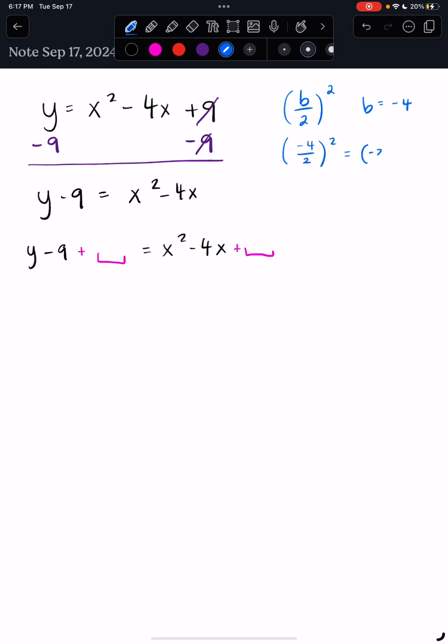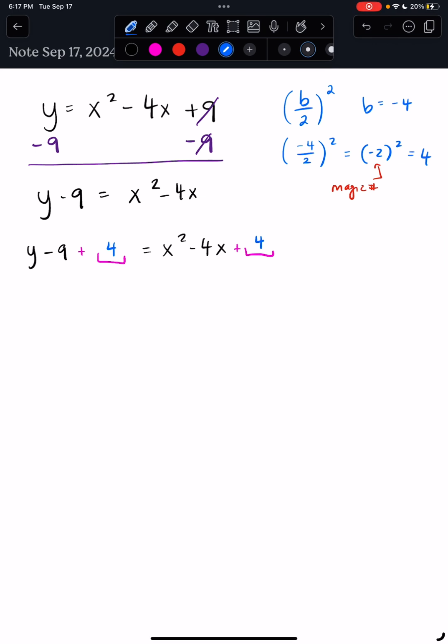This means that we had -2 squared, and -2 squared was equal to 4. And I want to point out that specifically -2 was the magic number. We're going to hold off on thinking about the magic number, and we're going to add 4 to both sides of our equation.